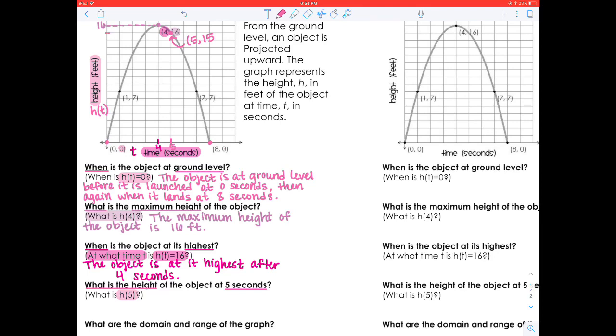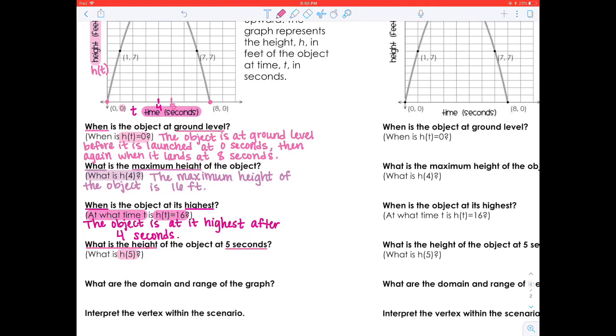So that's 15. Okay, so we can say the height of the object at 5 seconds is 15 feet.